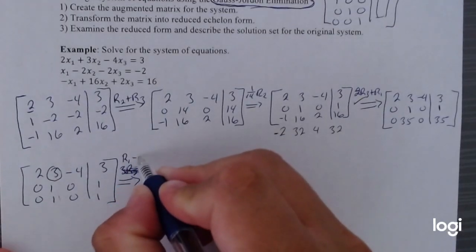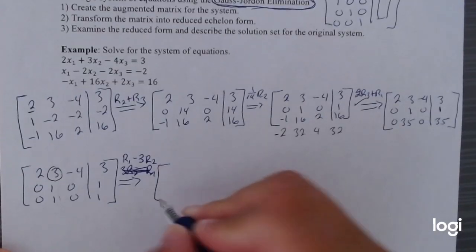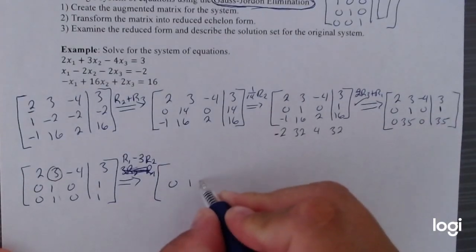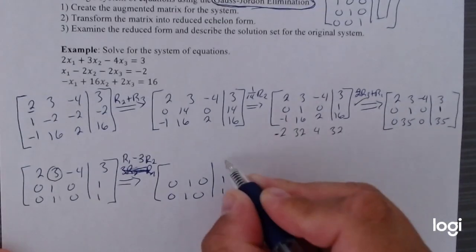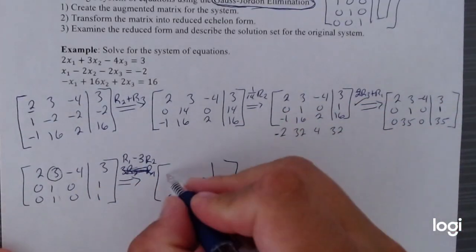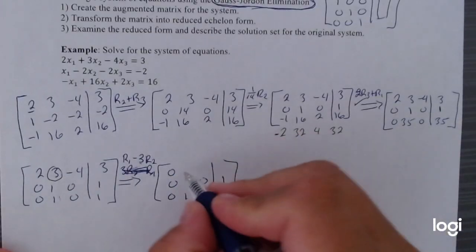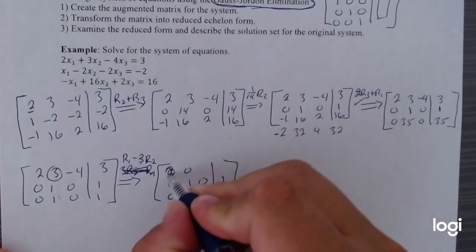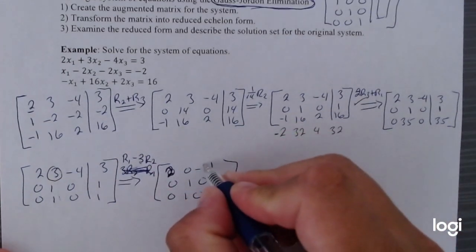So row 1 minus 3 times row 2. Okay. So 2 minus 0, 0. 3 minus negative 3. Oh, sorry, this is a 2. My mistake. 0. Negative 4 minus 0, still negative 4.